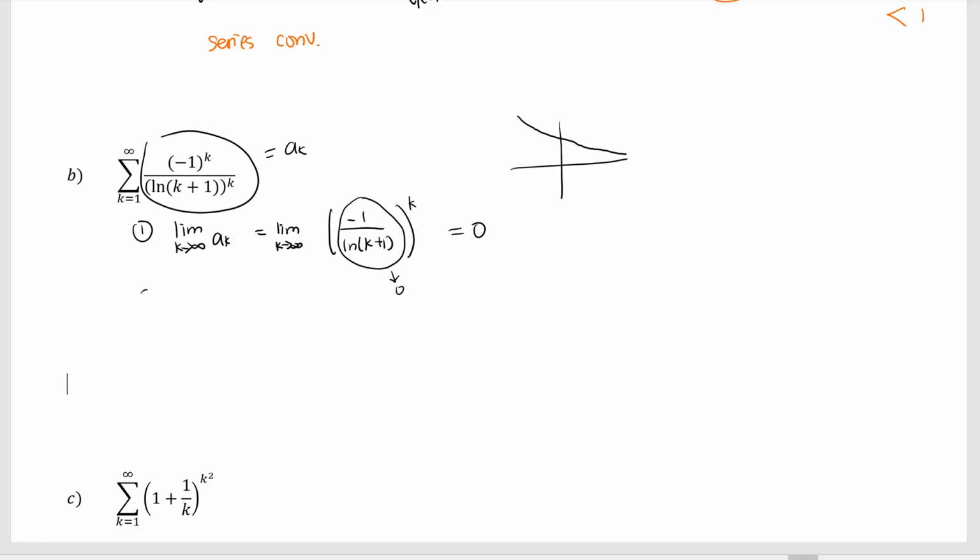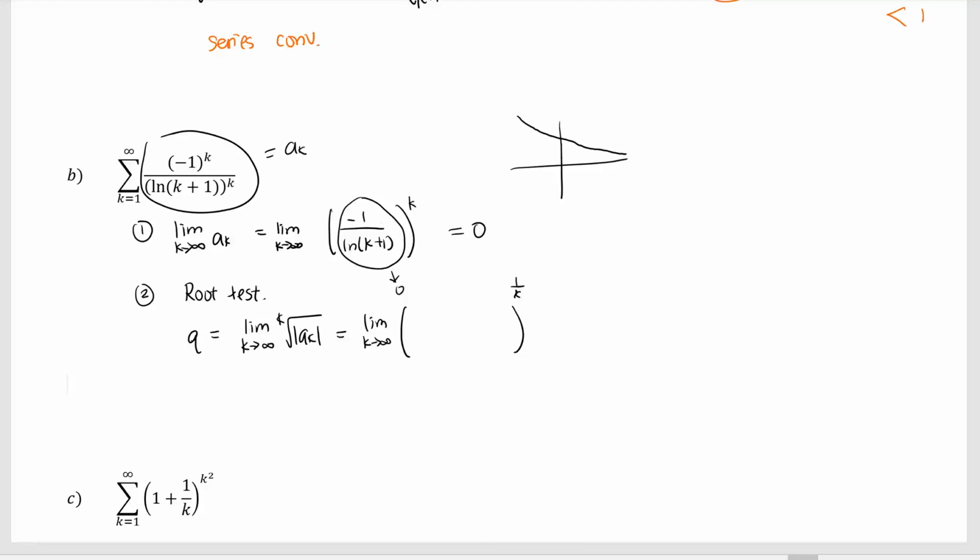So we go to the second step. Because all the terms are to the power of k, we use the root test. The root test q is the limit as k goes to infinity of the k root of a sub k.